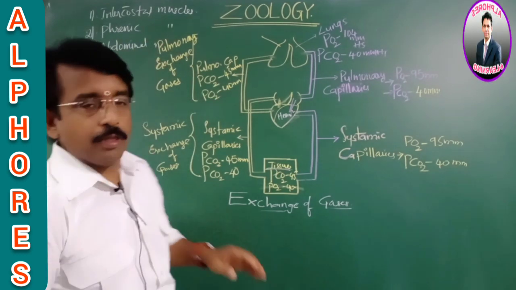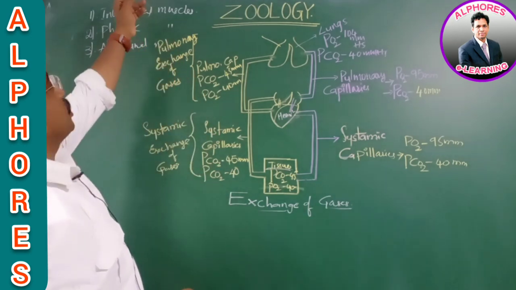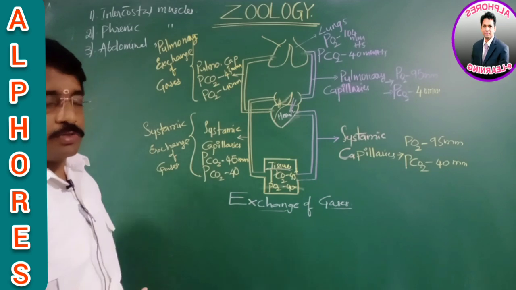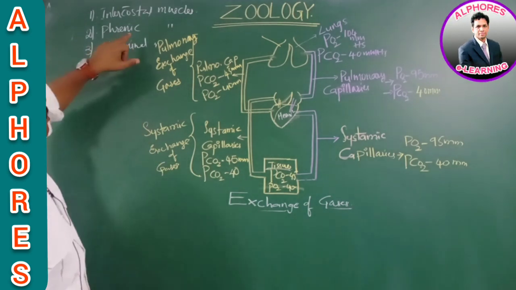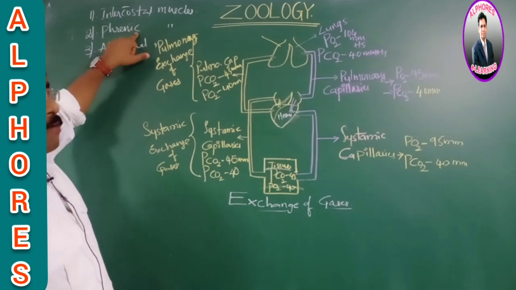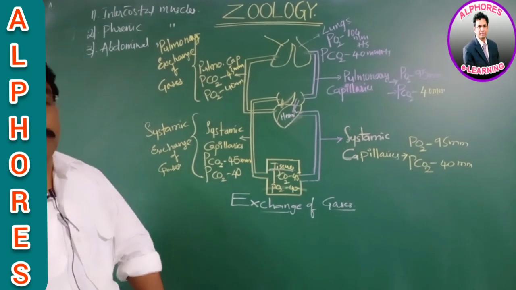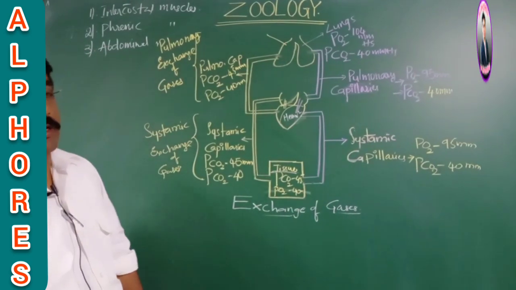These are the muscles that assist in respiration. Intercostal muscles are the muscles associated with the ribs. The muscles associated with the diaphragm are named the phrenic muscles. And the muscles of the abdomen. So three types of muscles are involved in respiration.